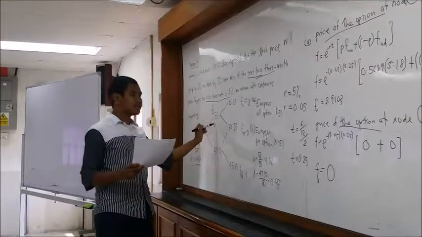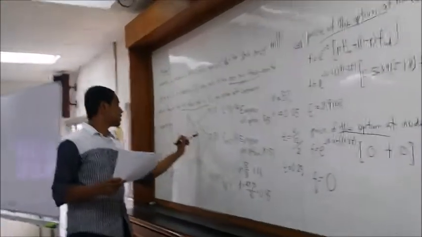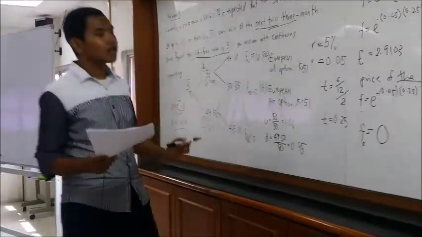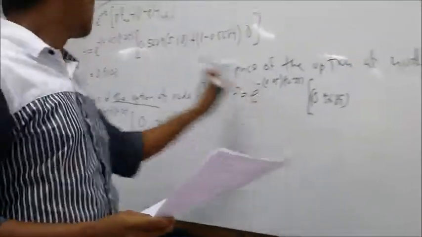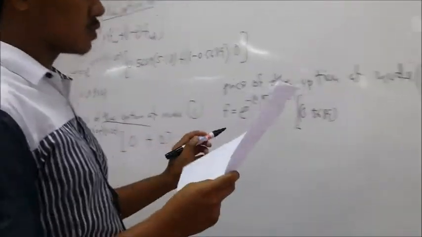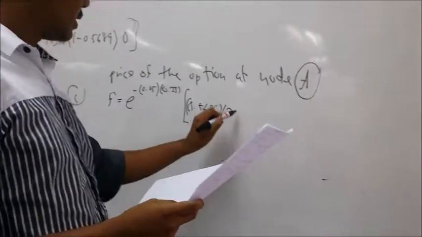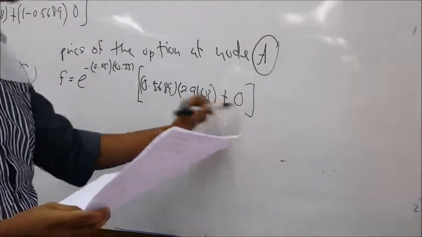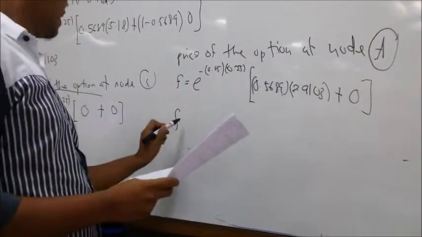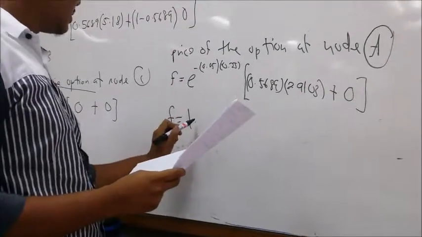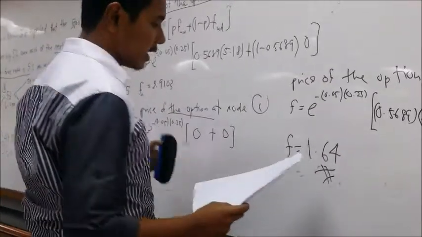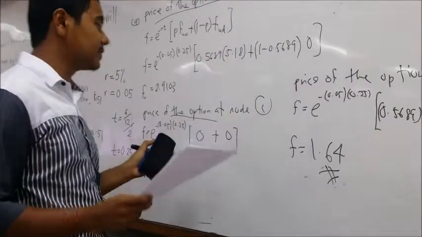FU here is 2.9103. Our FD here is equal to 0. Because of that, our FUU becomes 2.9103, and here automatically becomes 0 because it is multiplied by 0. F is equal to 1.64, which is the same as the direct way to find the price of the option.